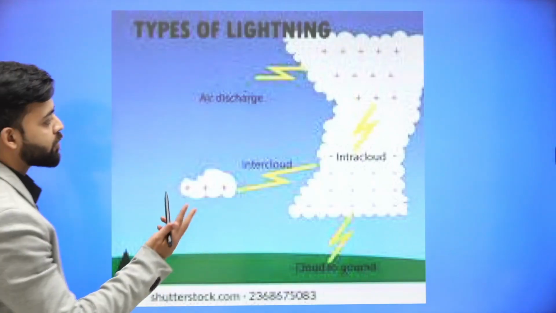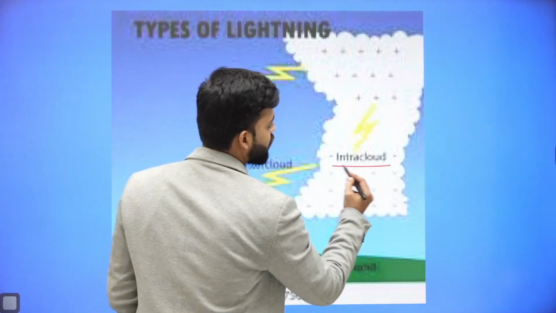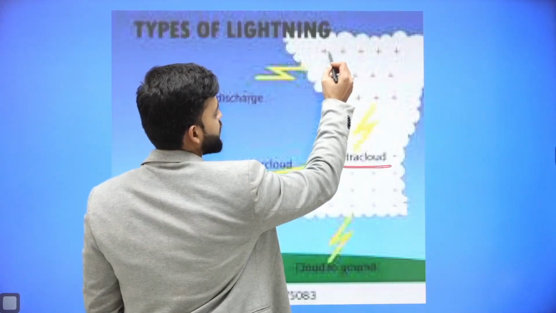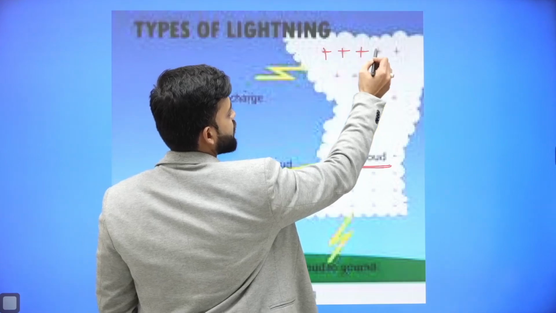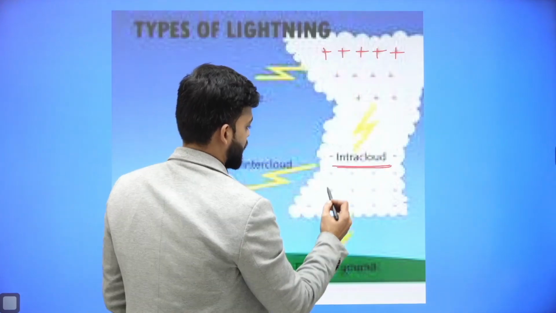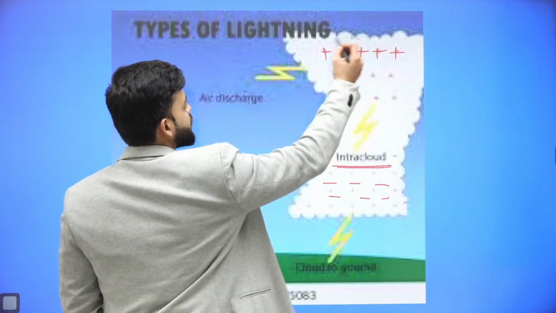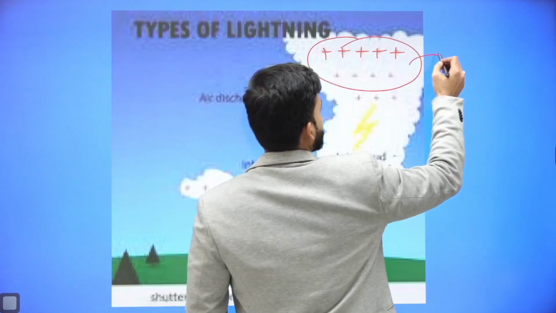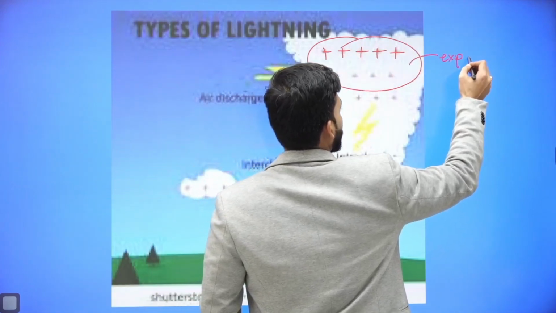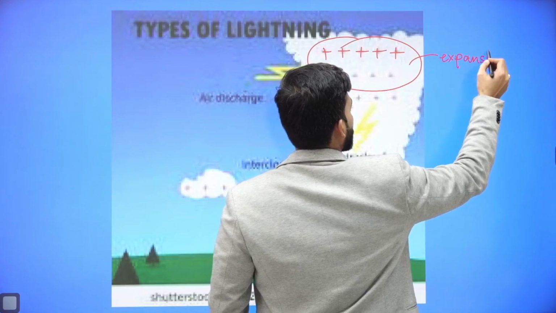there are two types of thunderstorms, that is intra-cloud thunderstorm because of difference of charges. These are positive charges. These are negative charges. Why positive charges in upper clouds? Because of adiabatic expansion of clouds.